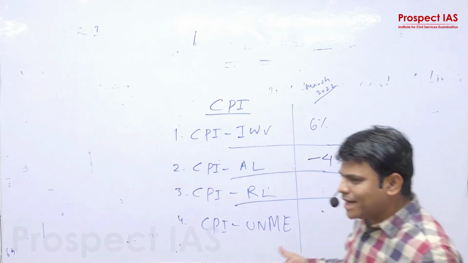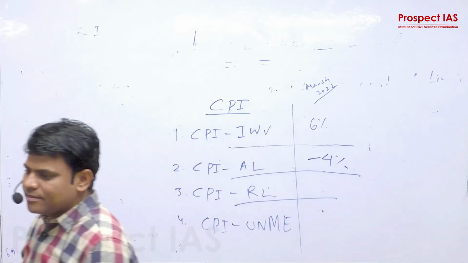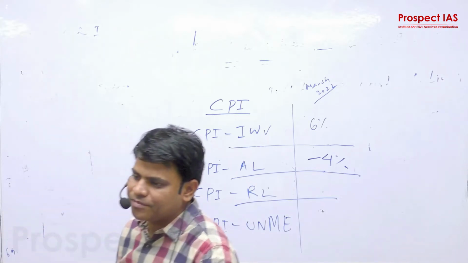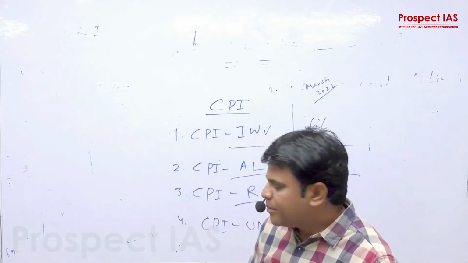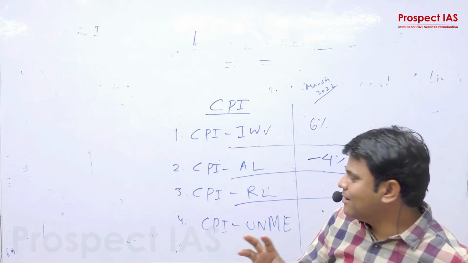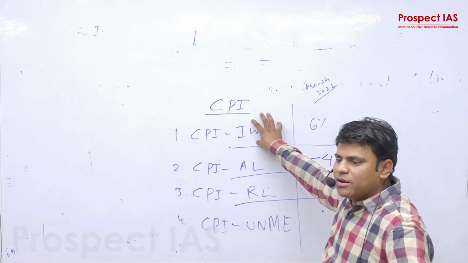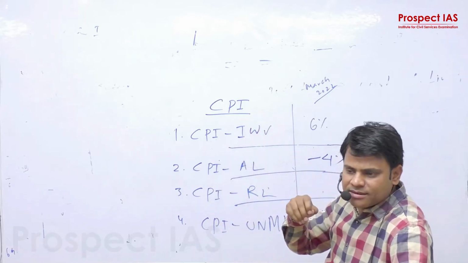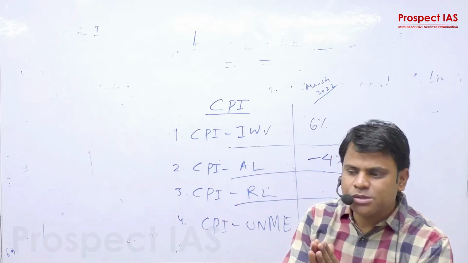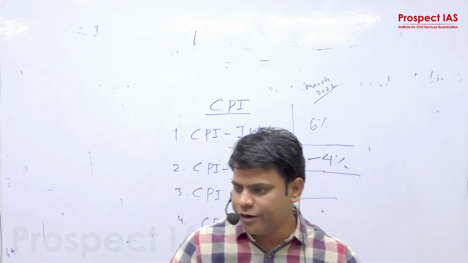But now you see that not a single variant is there that reflects upon the cost of living of Indian people in aggregate. We are representing the cost of living of a very small group of people. Like, industrial workers is a very small group of the total population. Even the agriculture labor, rural labor, they all represent a very small segment of the total population of India.